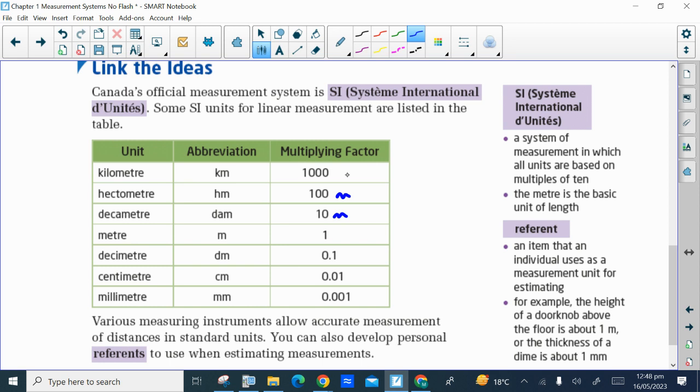And a kilometer has 1,000 meters. That's why that's the multiplying factor. If you're going from kilometers down to meters, you would multiply by 1,000. If you're going from hectometers down to meters, you'd multiply by 100, and so on.